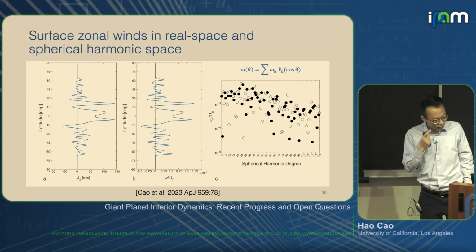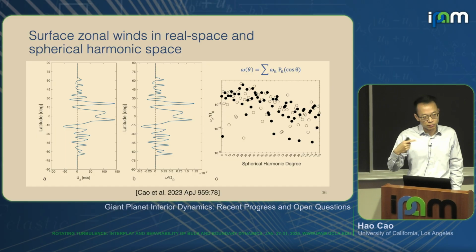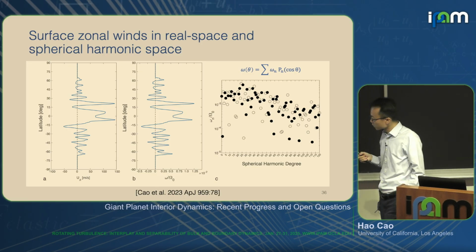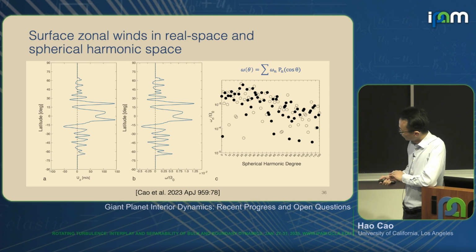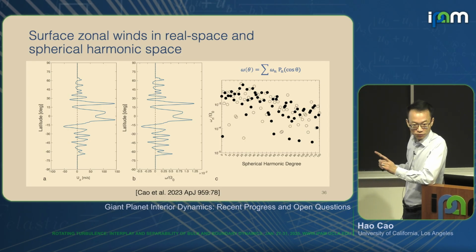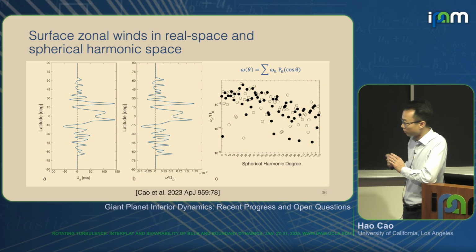Now, when we analyze gravity, we decompose it into spherical harmonics. You can do the same thing for the wind. I measured the wind, and I can decompose its angular velocity onto the same set of spherical harmonics I use to express my gravity. If you do that, this is what you get.